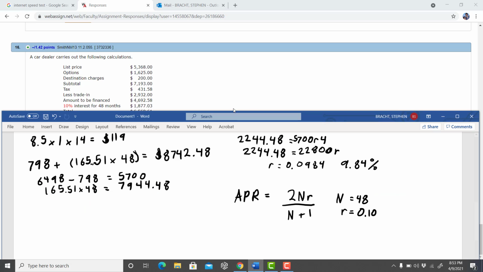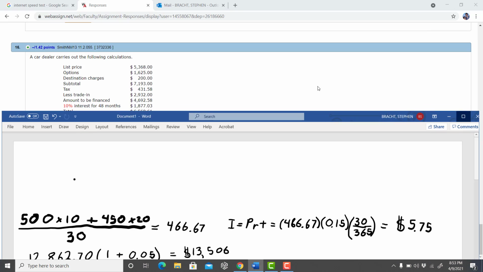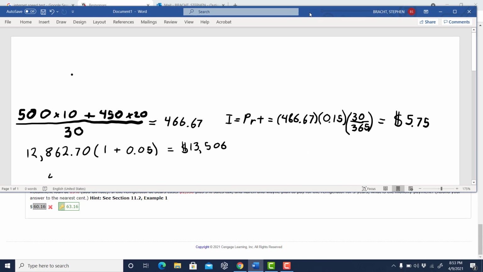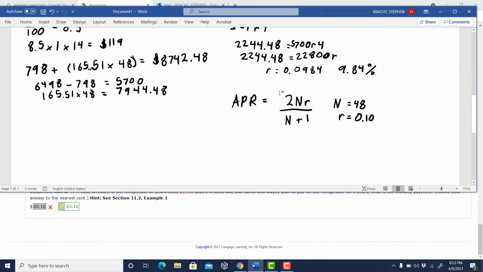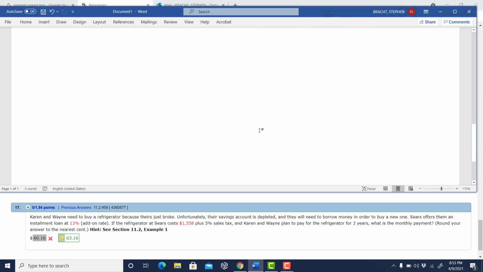So it's similar to the one we did earlier where we found monthly payment. Okay, let's see. So I'll kind of just get you started on this one, but first of all, we have to figure out the amount borrowed, which is the purchase price plus the sales tax.